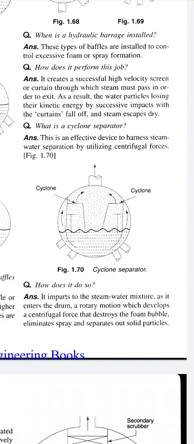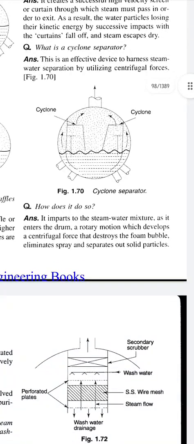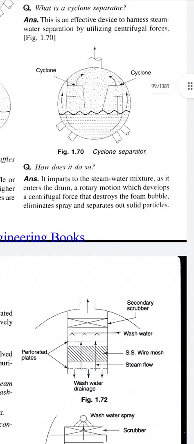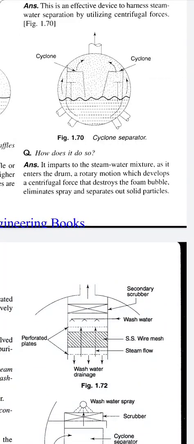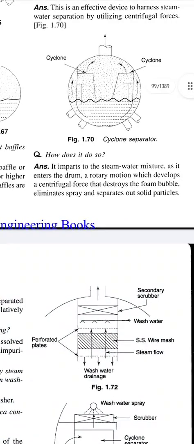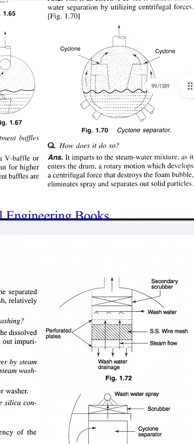This is the cyclone separator. Next question: how does it do so? Answer: it imparts to the steam water mixture as it enters the drum a rotary motion which develops a centrifugal force that destroys the foam bubble, eliminates spray and separates out solid particles.